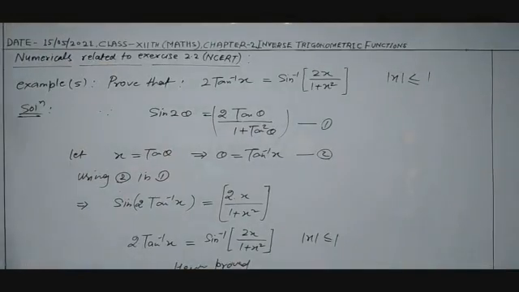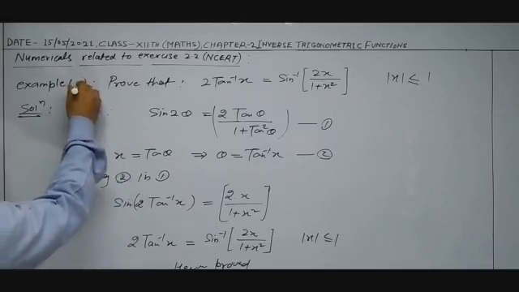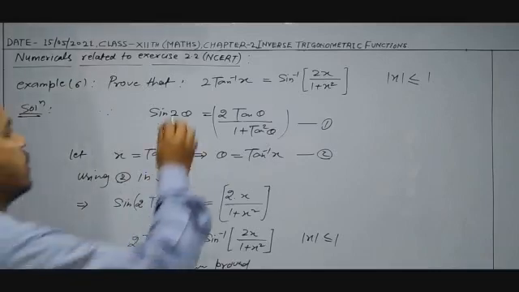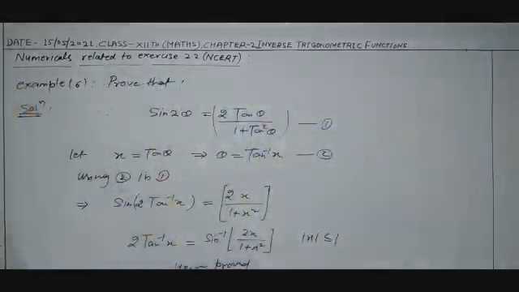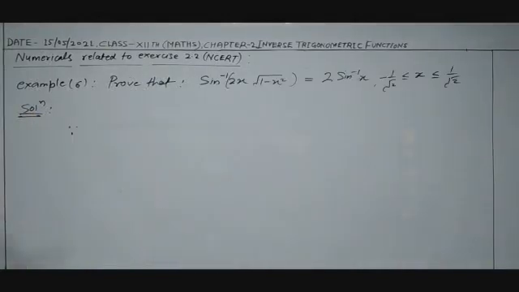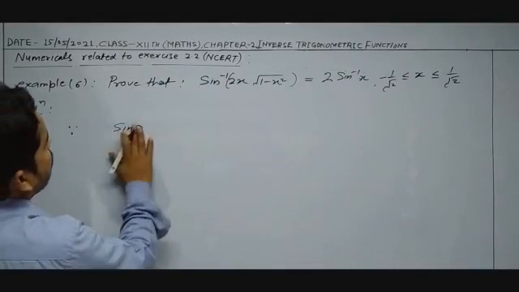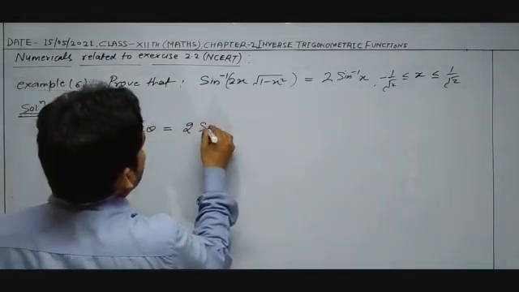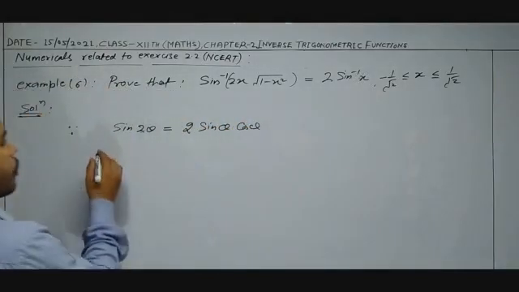Now student, come to proof number 6 or example 6. Prove that sin inverse of 2x times root over 1 minus x square. You know the formula, sin 2 theta. Sin 2 theta is equal to 2 sin theta into cos theta.